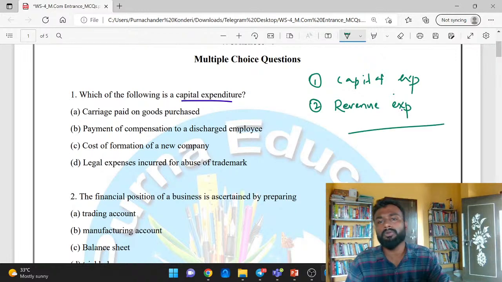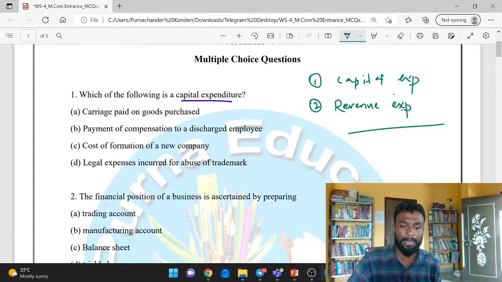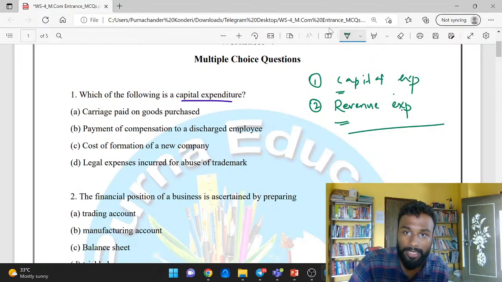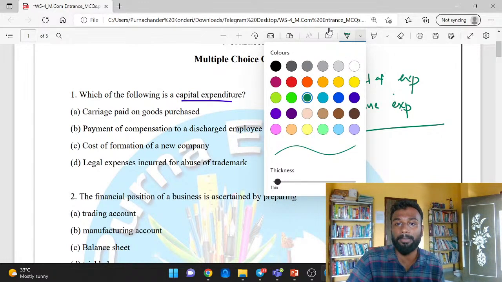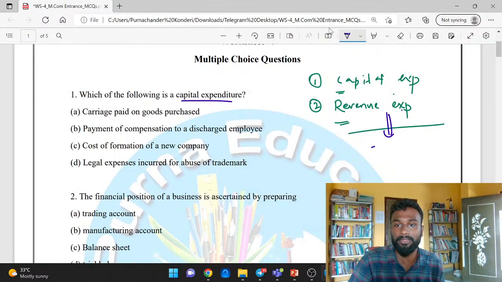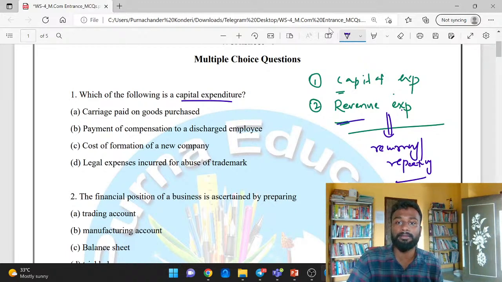So what exactly do revenue expenditure and capital expenditure speak about? Normally, whatever expenses have a repetition nature, which are recurring or repeating, come under revenue.